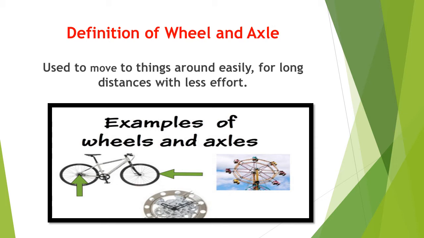While you are moving any object from one place to another, you will use wheel and axle, and with the help of wheel and axle you can cover more distance with less effort. Examples of wheel and axle are a bicycle, a clock, and a swing.